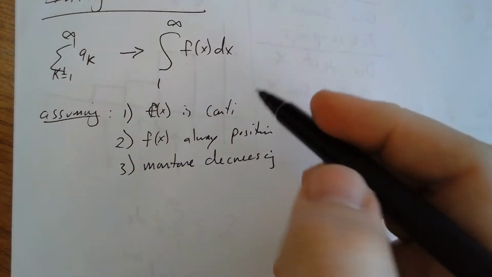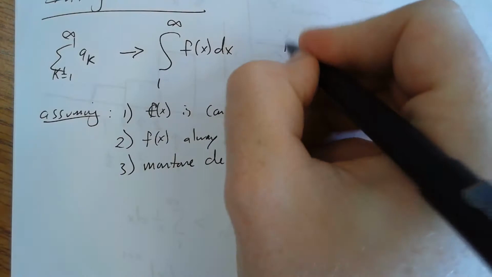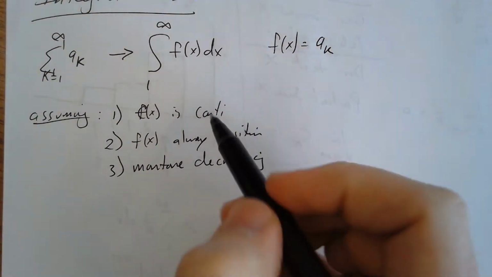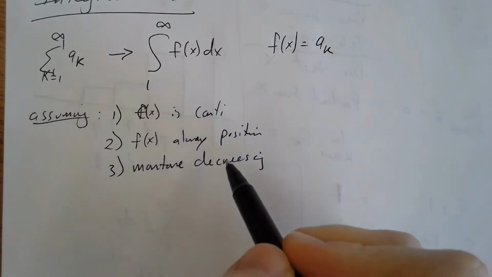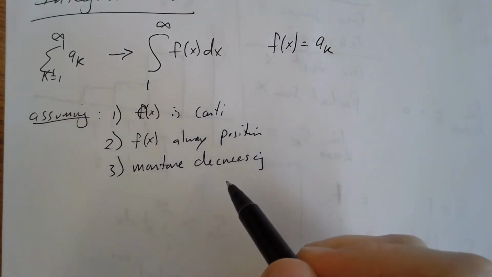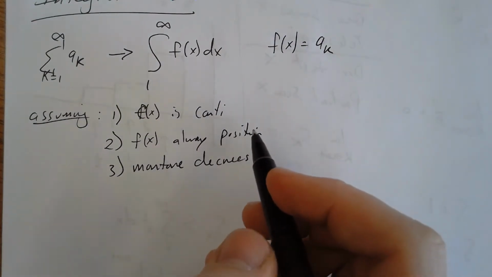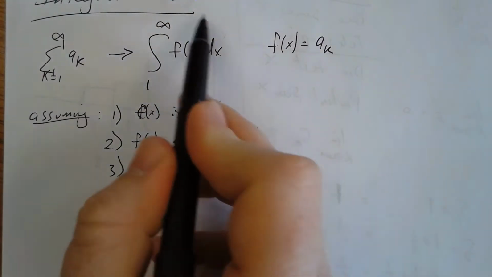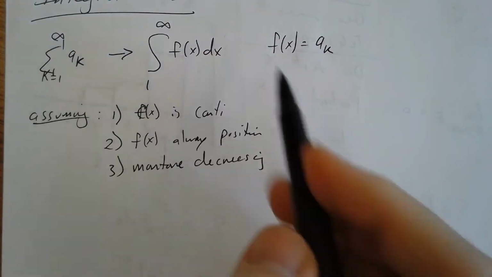So if we can prove that f of x, where f of x is in some way equal to a sub k, is continuous, always positive, and monotone decreasing, then if this integral converges, then so does this. If this integral diverges, then so does this.